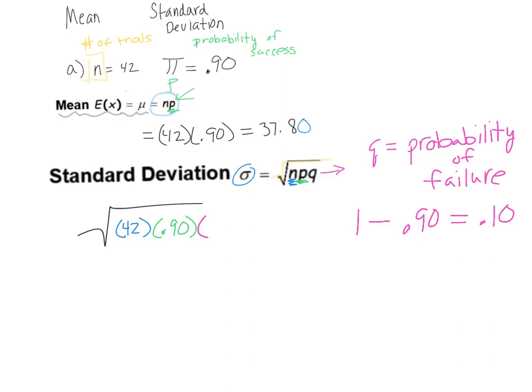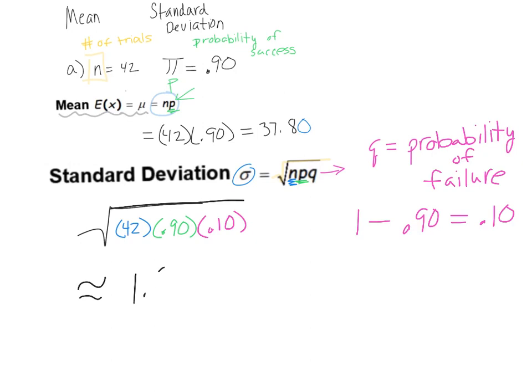So we are going to multiply 42 times 0.90 times 0.10, and we're putting all of that under the square root symbol. If you type that into your calculator, 42 times 0.90 times 0.10, and then take the square root, you are going to get a crazy decimal.